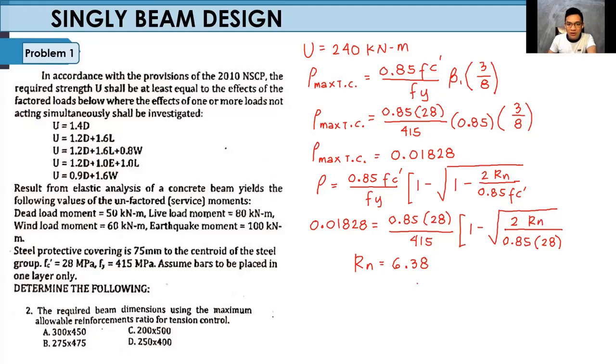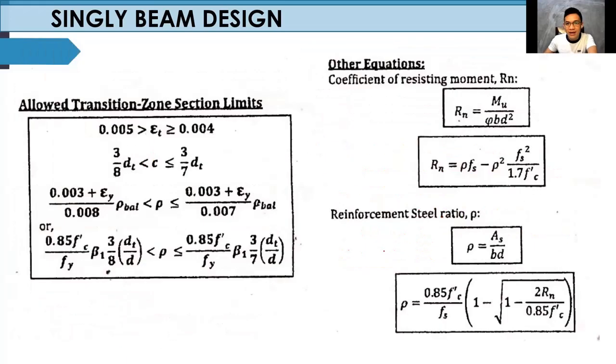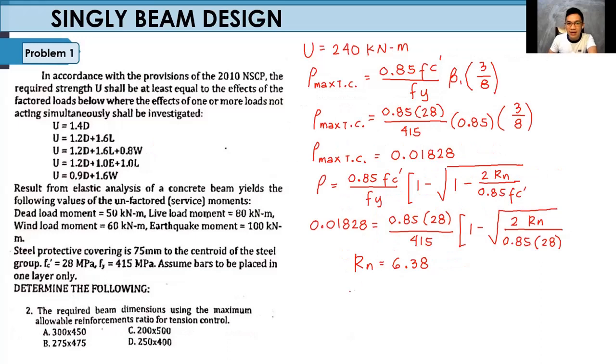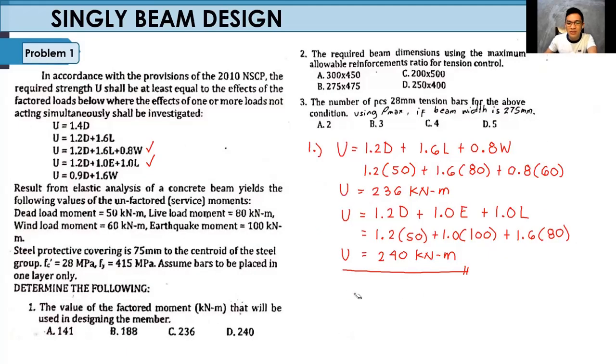Okay? So, take note that we have a formula sa ating resisting moment or Rn, which is equivalent to Mu over phi BD squared. No? So, gagamitin natin yan.